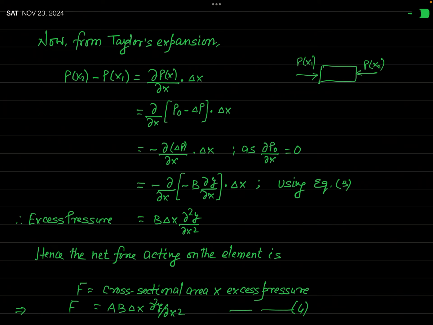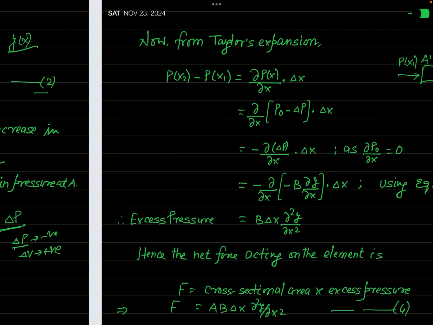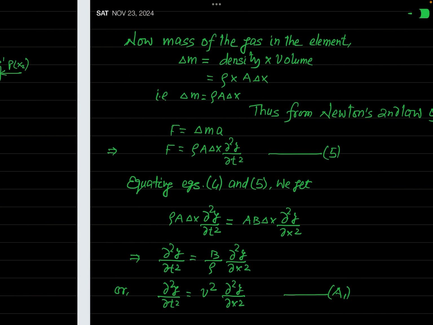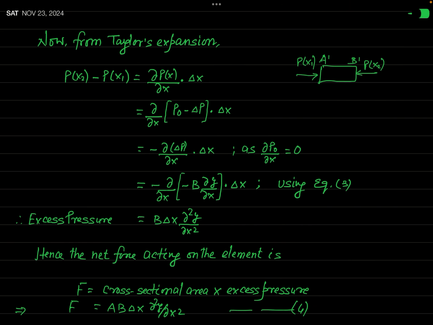So actually, what will be the pressure difference across this element A dash B dash? It will be equal to P of x2 minus P of x1.